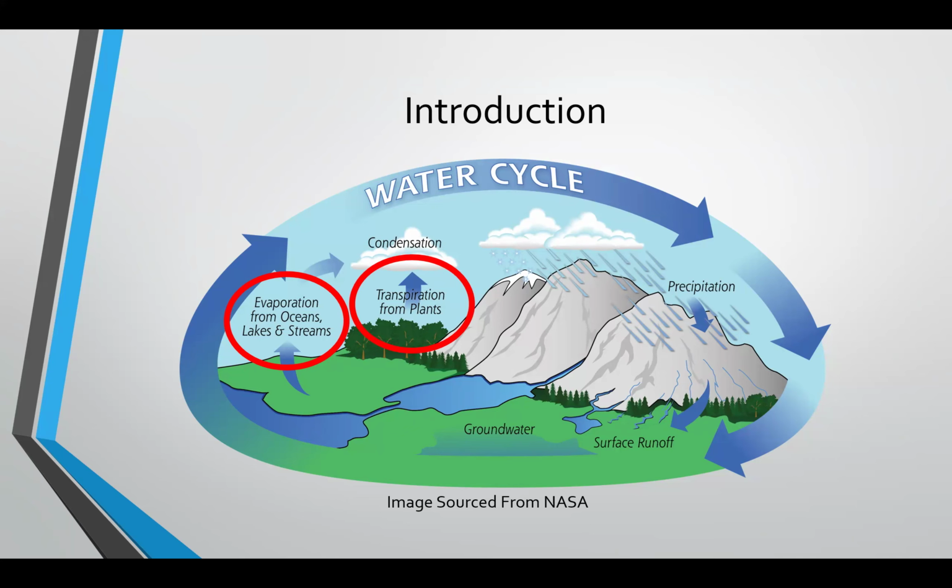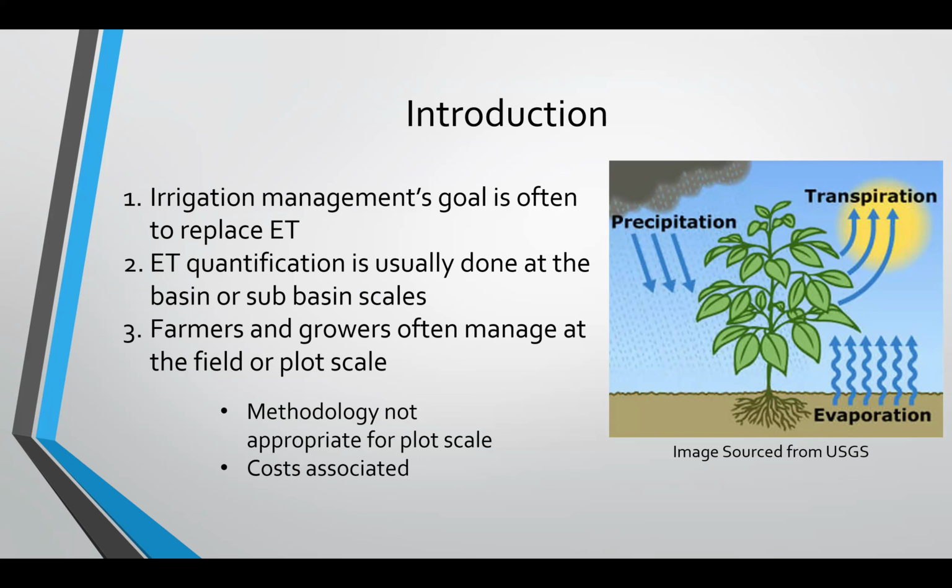So within the realm of irrigation management, oftentimes our goal is to replace ET lost with irrigation. This can pose an issue though when we're trying to quantify ET on a field scale or a plot scale, which is oftentimes what farmers manage at, because our ET quantification methods generally occur at the basin or the sub-basin scale.